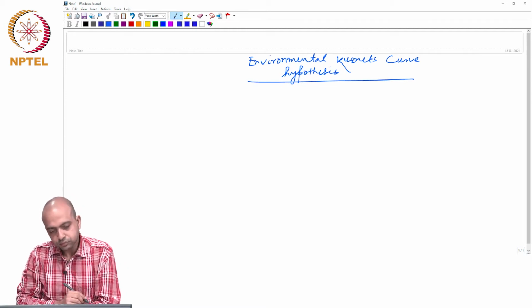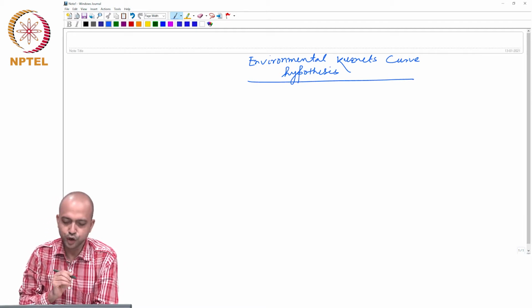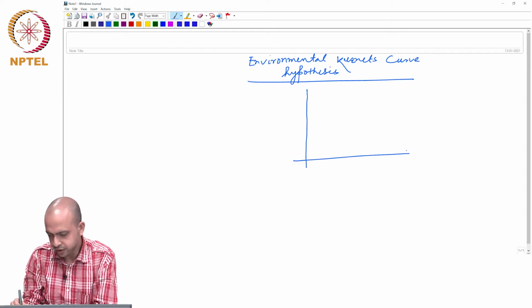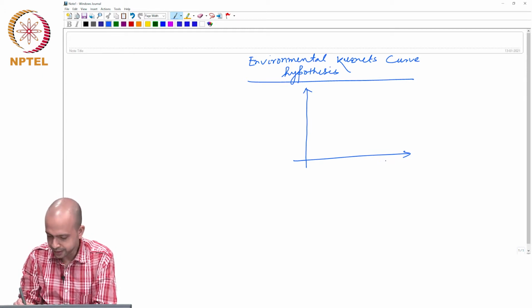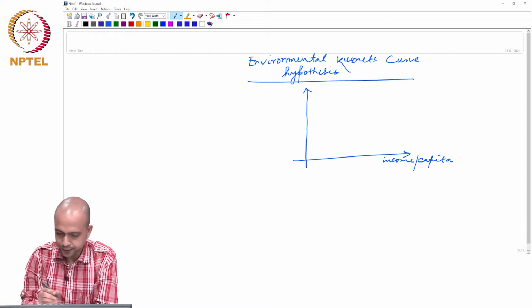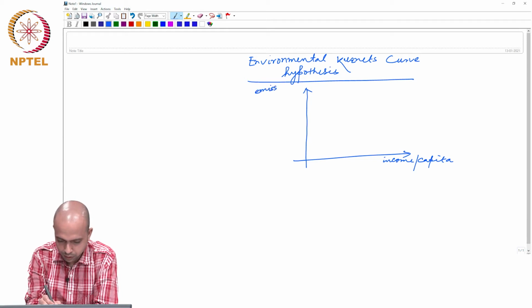First of all, what is the environmental Kuznets curve hypothesis? Diagrammatically, if you plot income per capita on the x axis and let us say emission per capita on the y axis.